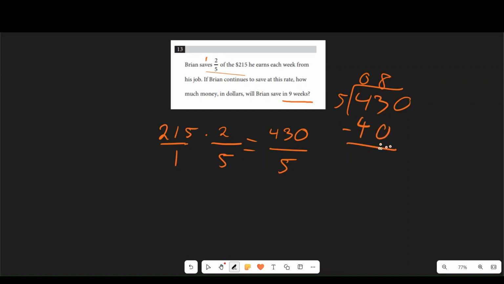Then we subtract and get 3 left over, bring the 0 down, and 5 goes into 30 6 times, because 5 times 6 is 30, and we are left with a remainder of 0. So this fraction evaluates to $86. So 2/5 of 215 is $86.